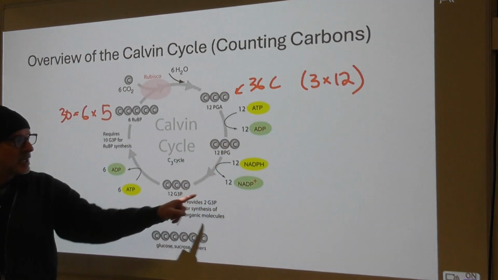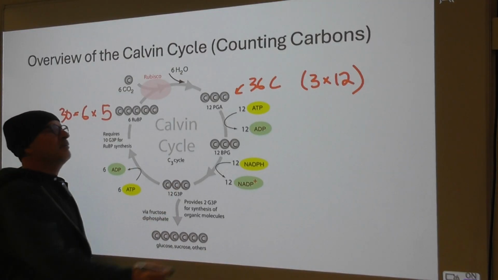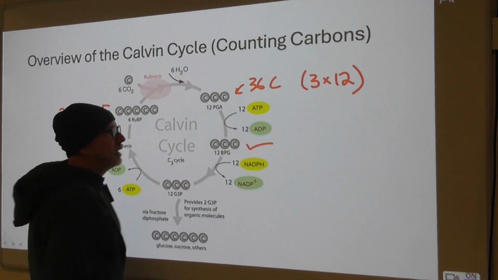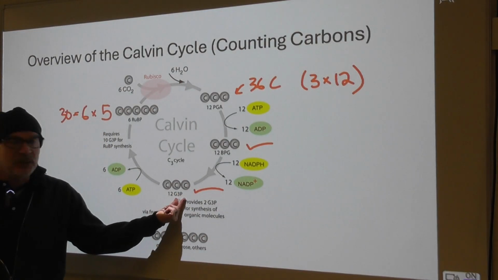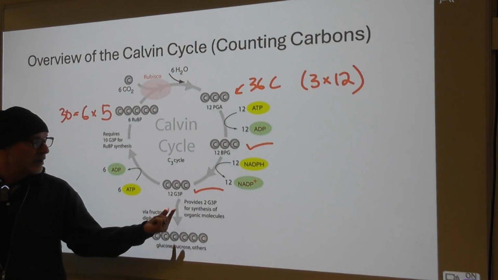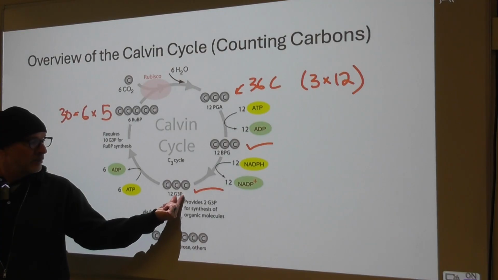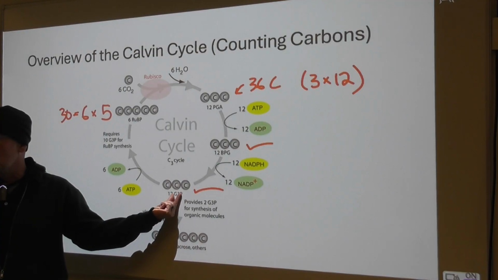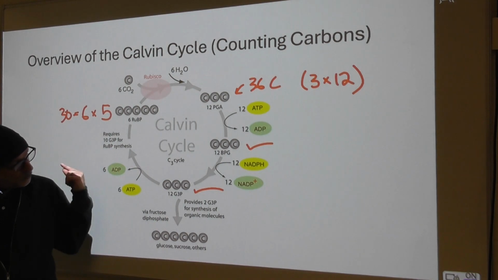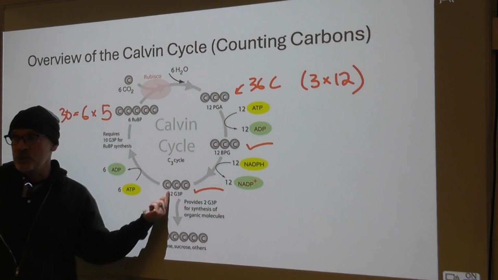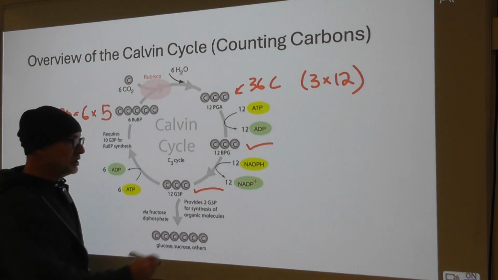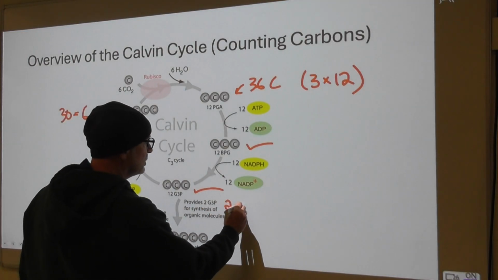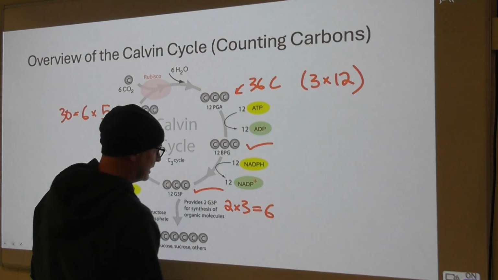That stands up during the reduction phase. We have 12 3-carbon molecules here, and we have 12 G3Ps. Those are our 3-carbon molecules here. And we use enough of those to make a glucose. So that's 2 G3Ps, so that's going to be 2 times 3 carbons, which equals 6.